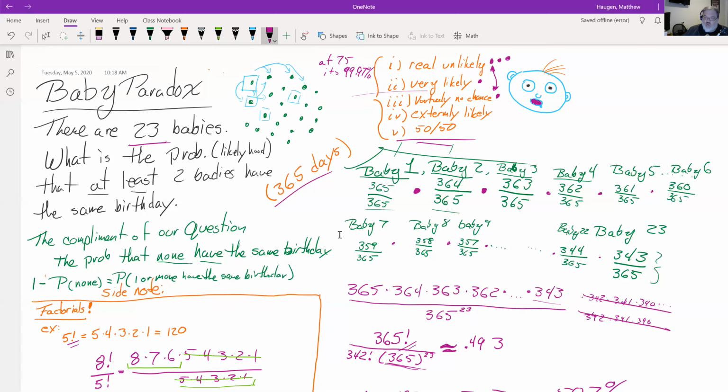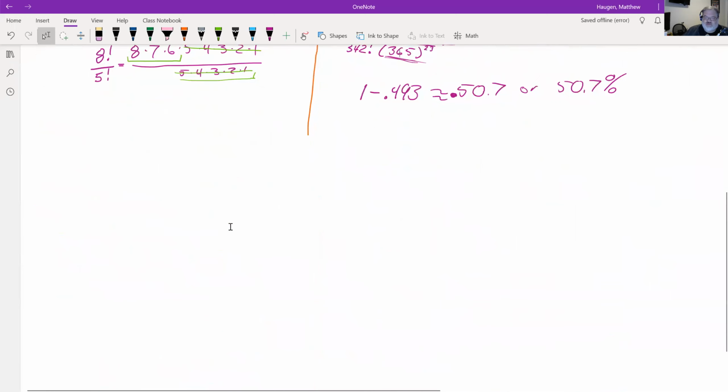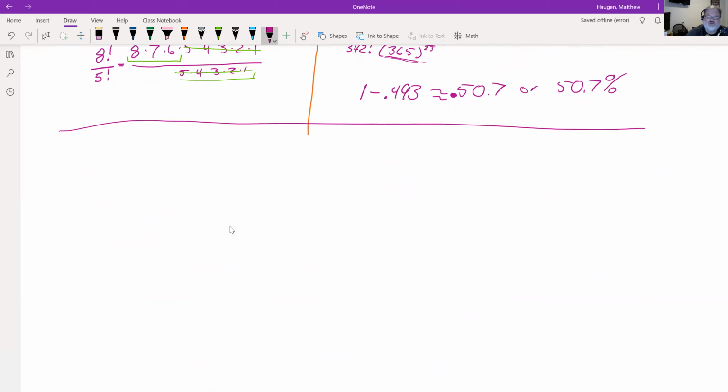Now, where are we going to use this factorial stuff? Well, one of the things that we're going to do is look at how many ways things can be organized.